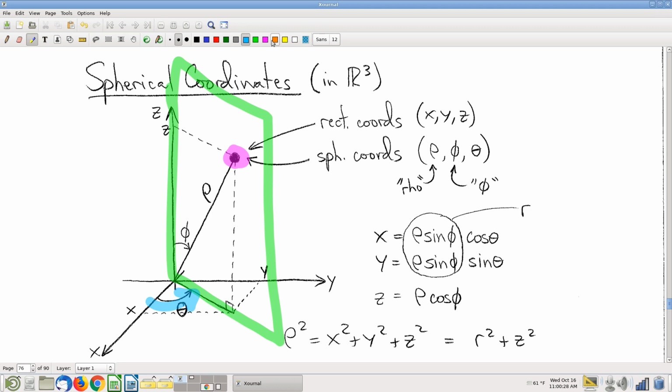And then I'm going to tell you another angle. I'm going to tell you the angle off of the positive part of the z-axis. It's called phi, the Greek letter phi. And between the two of those, between that blue angle and that orange angle, notice that defines a direction, and in that direction you can talk about, okay, well, what's the distance coordinate in that direction? And that's what we call rho.